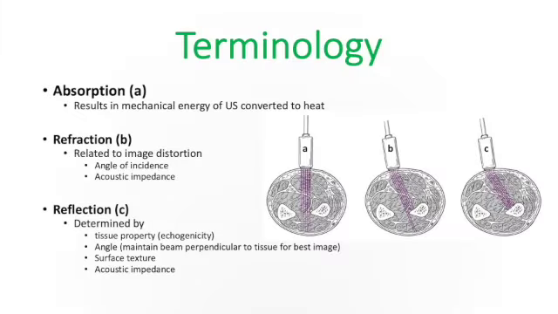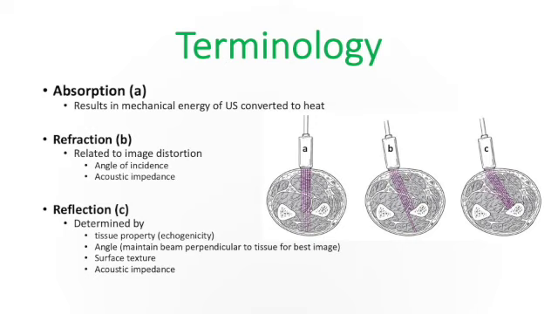So terminology. 3 big terms here. These are very similar to therapeutic ultrasound terms. Absorption, refraction, reflection. The big ones we have to understand are that some tissues will absorb ultrasound energy, some tissues will refract that energy and beam it off at an angle, so it distorts the view a little bit.